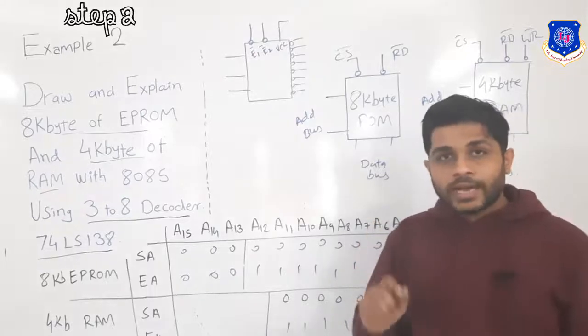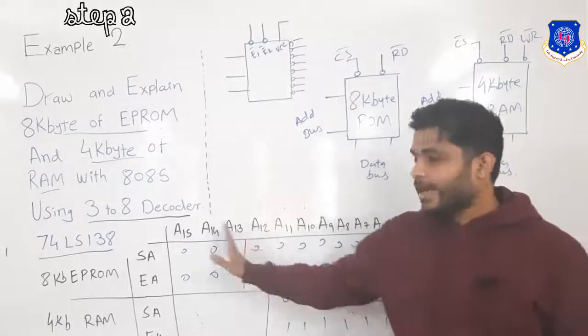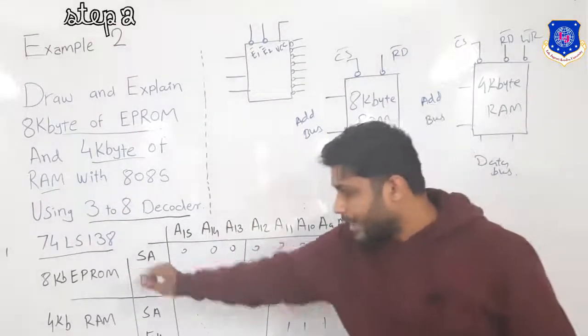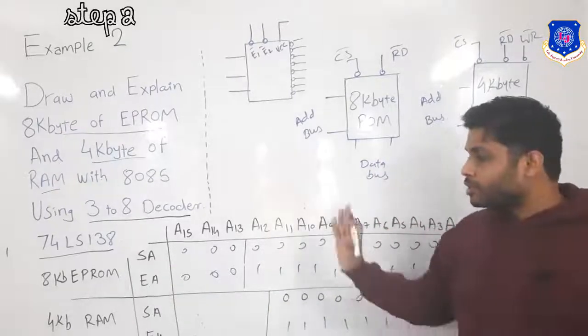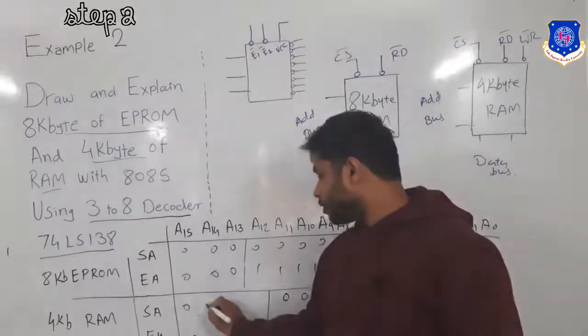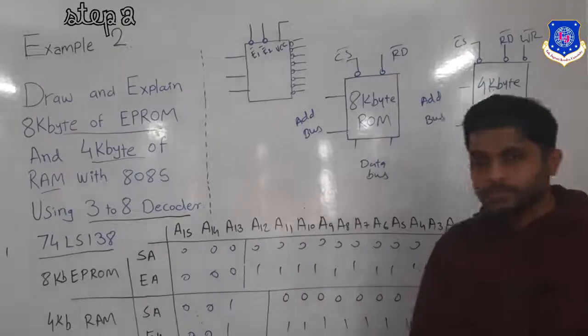But the difference is that no two chips can have the same value for the extra address lines. So 000 is used for the 8 KB chip, so we cannot use 000 for the 4 KB. For the 4 KB we will set a different value, which is 001 and 001.